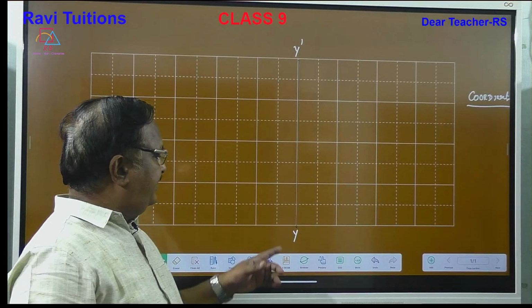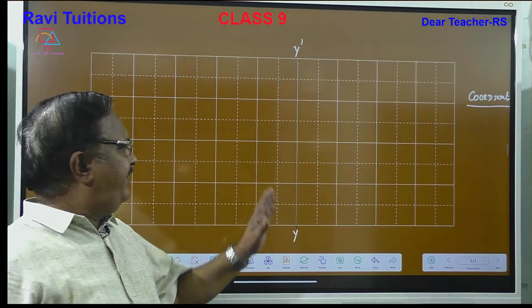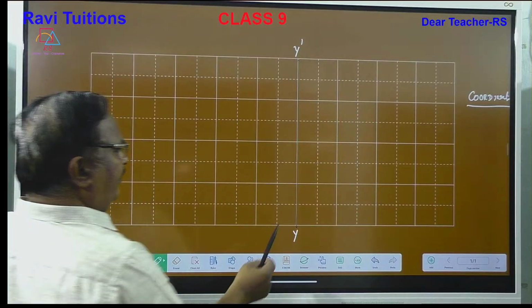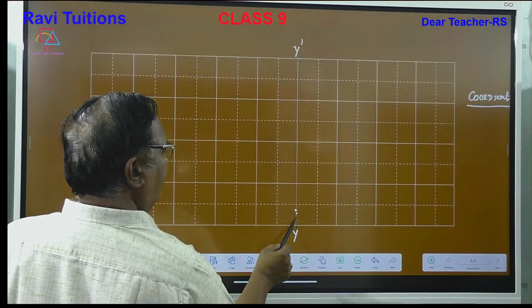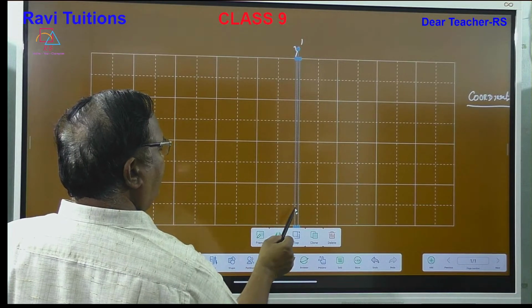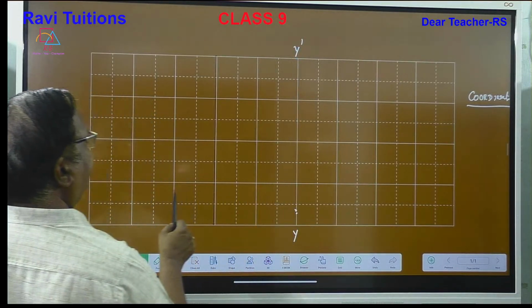This y-axis you can take anywhere, in the middle. I can drag it anywhere.